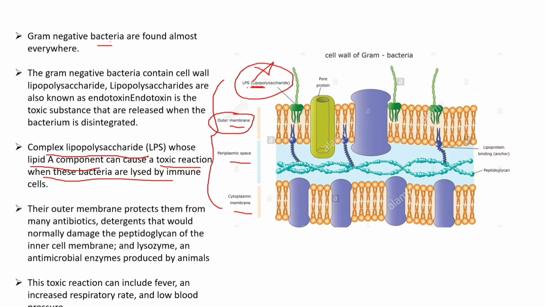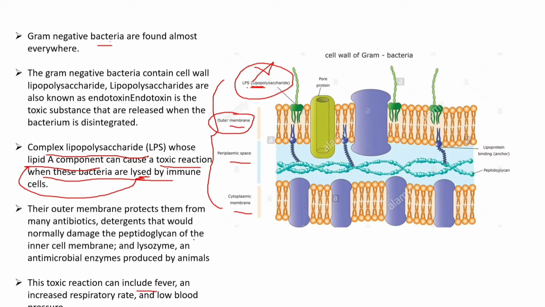If they are lysed by those immune cells, the bacteria release the endotoxins from their cell wall, and the lipopolysaccharide lipid A component causes the toxic reaction, which can cause an increase in fever, an increase in respiratory rate, as well as lowering of the blood pressure.